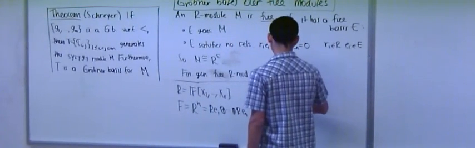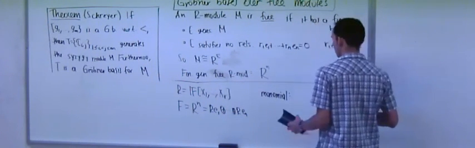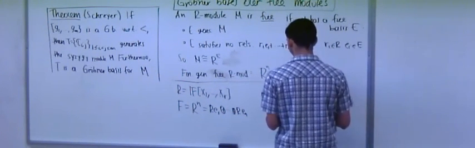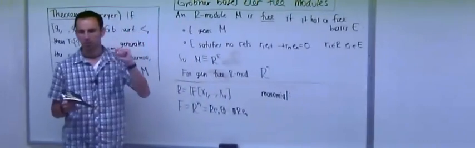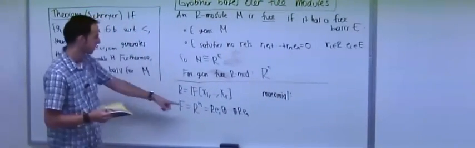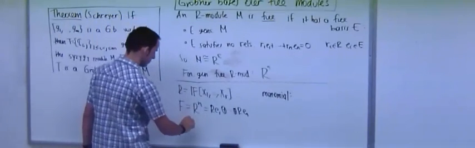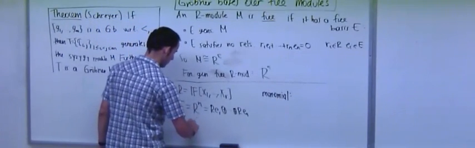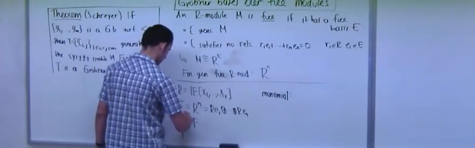Okay? So a monomial is basically something that is a monomial and only involves one of the coordinates. You should think of these guys as, so if f is in F, then you can think of it as a column vector like this.